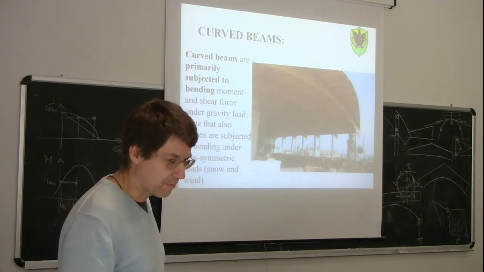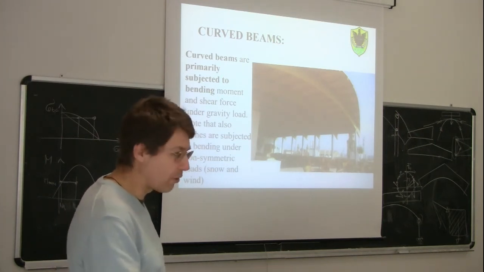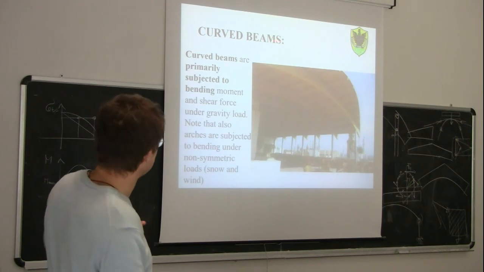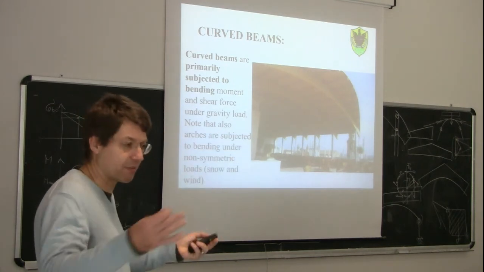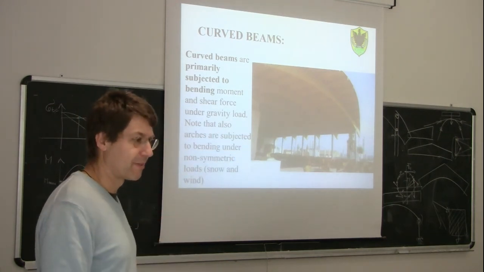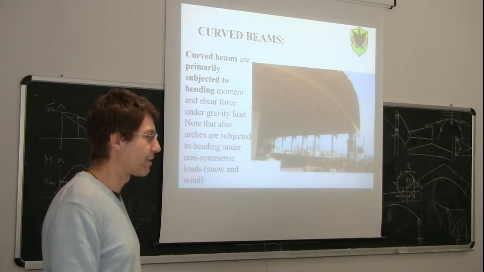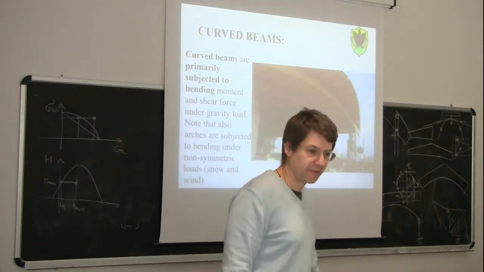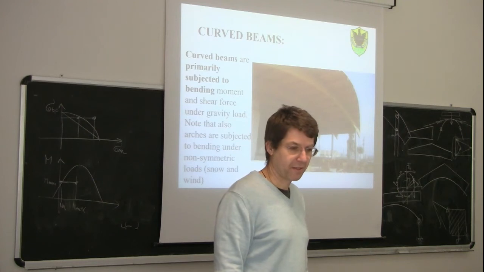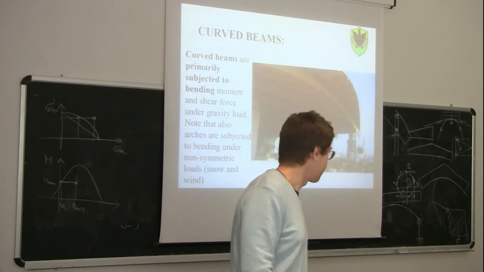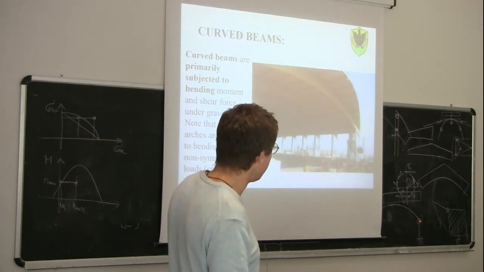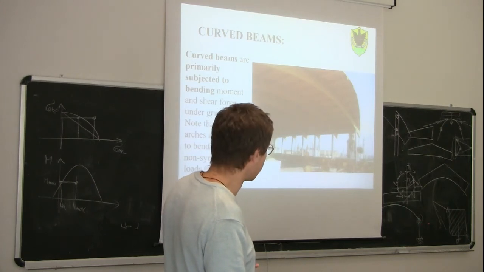Well, the rise over span ratio, okay, but this is curved, it has a rise. So what else? What do we need to check? Yes. But okay, here, how can we know the horizontal forces will be small?